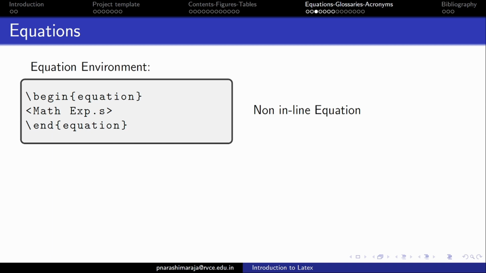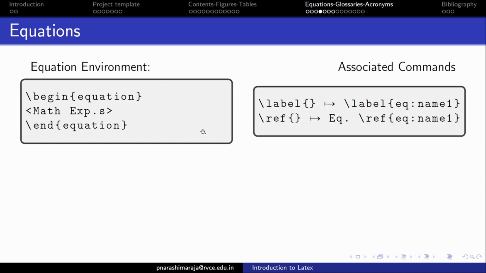So you might have a thought, then what is known as an inline equation? But before we step further into the discussion about the inline equation, I want to talk about a few more commands that are associated with this equation environment.